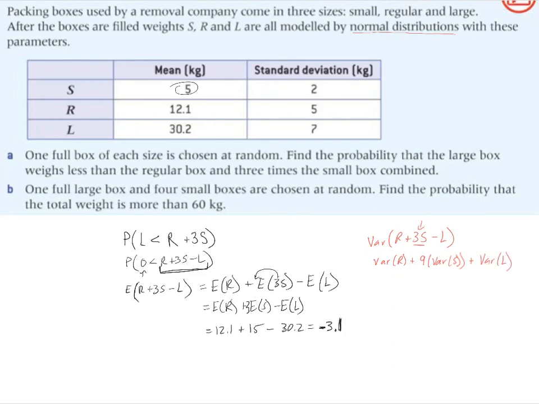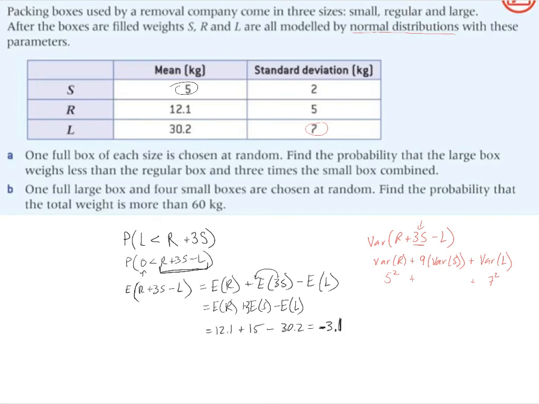At this point, we'll put each of those numbers in and calculate our new variance. 7 is the standard deviation for the large one, so that's 7 squared, because remember, variance is standard deviation squared. We've got the variance of R, which would be 5 squared.